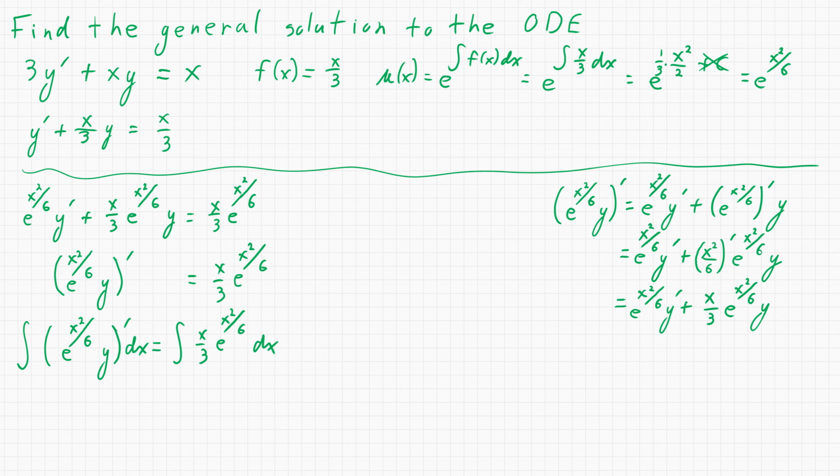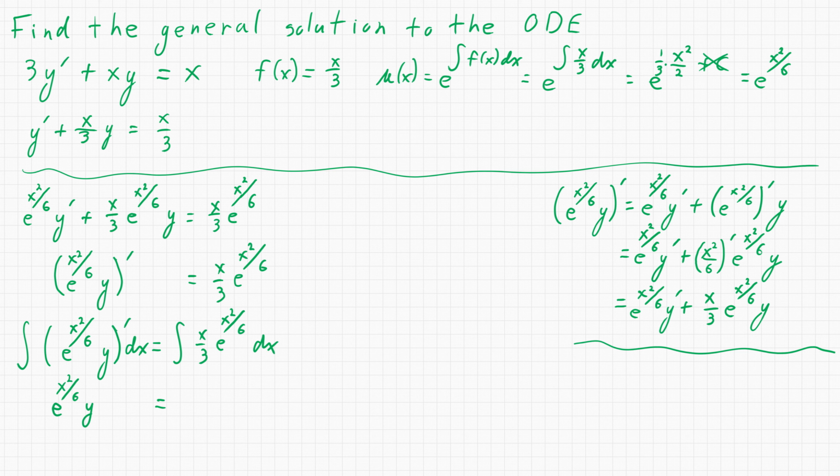All right, so on the left-hand side, the derivative and the integral cancel. So we'll have e to the x squared over 6 y equals, so this one you would normally have to do either a u substitution or just figure it out yourself. We're going to have to do a u substitution. All right, so let's go and do that.